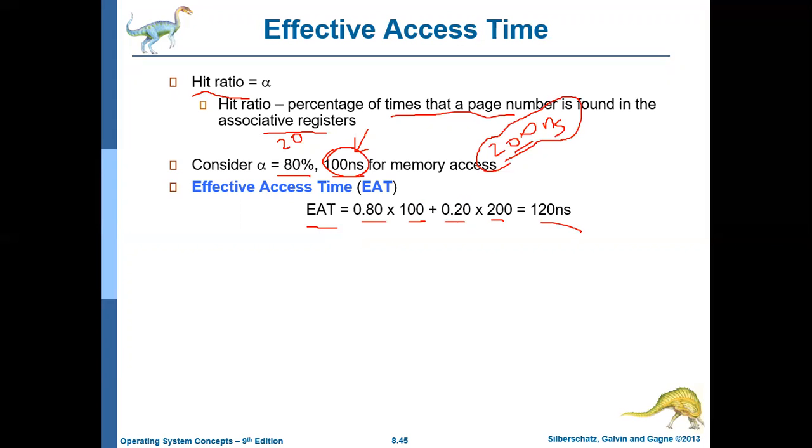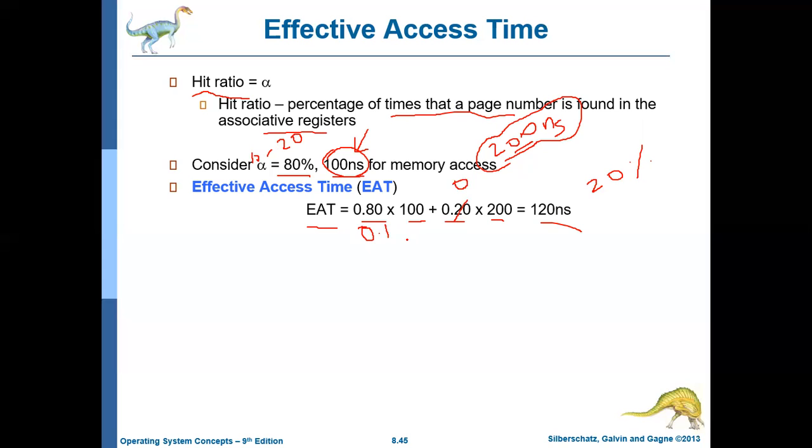In this case, we suffer a slowdown of 20 percent. How do we say that? Say alpha, the hit ratio, is 100 percent. Then this will be 1 into 100, and the miss term will be 0 because there is no miss at all.